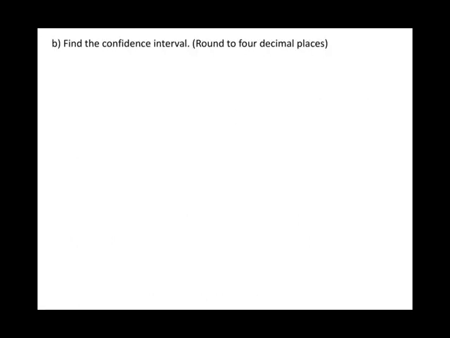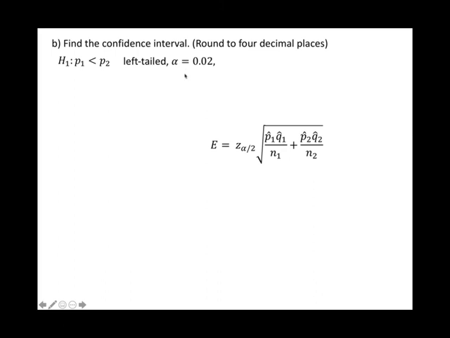Okay, part B, confidence interval. We do have the formula for the margin of error, and the alternate hypothesis is less than. So this is going to be a left tail, and the significance level is going to be 0.02. So figure out what our confidence level is: 90%, 92, 93, 94, or 99%?